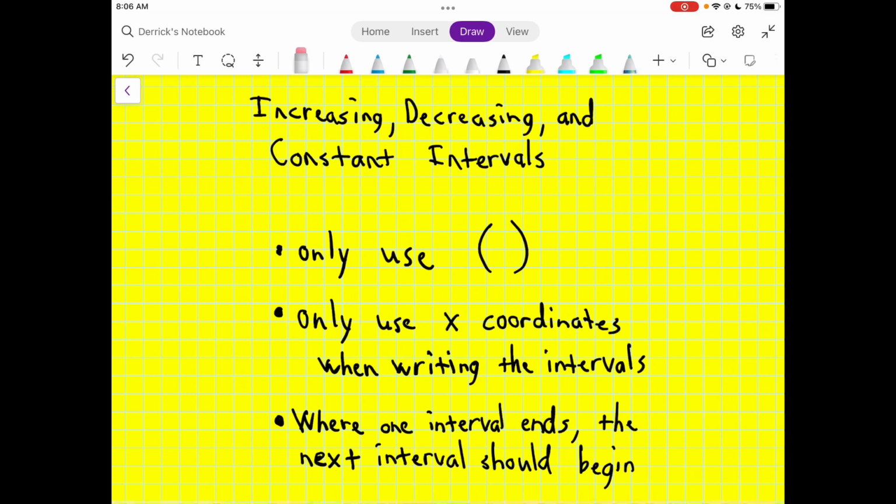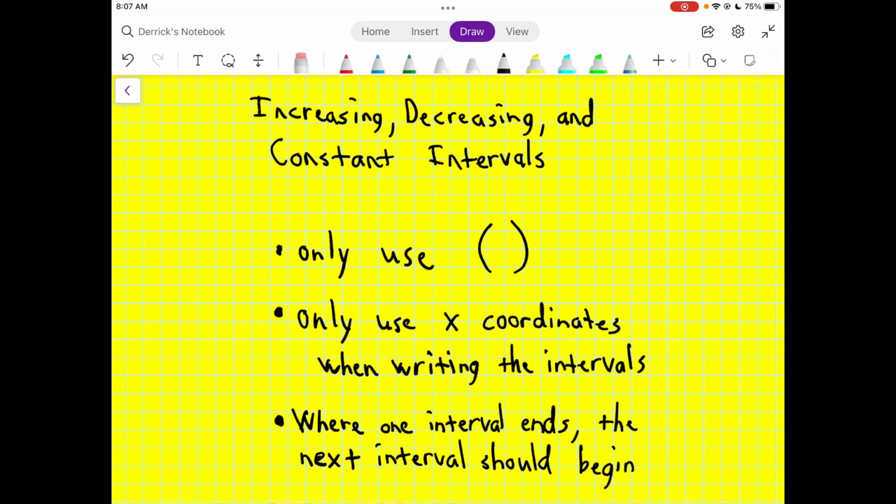Today what we're going to be doing is basically taking that domain and chopping it up into parts, aka intervals, and deciding which parts of the graph are increasing, which parts are decreasing, and which parts are constant. When we say increasing, decreasing, constant, basically we're saying up, down, or flatlining.